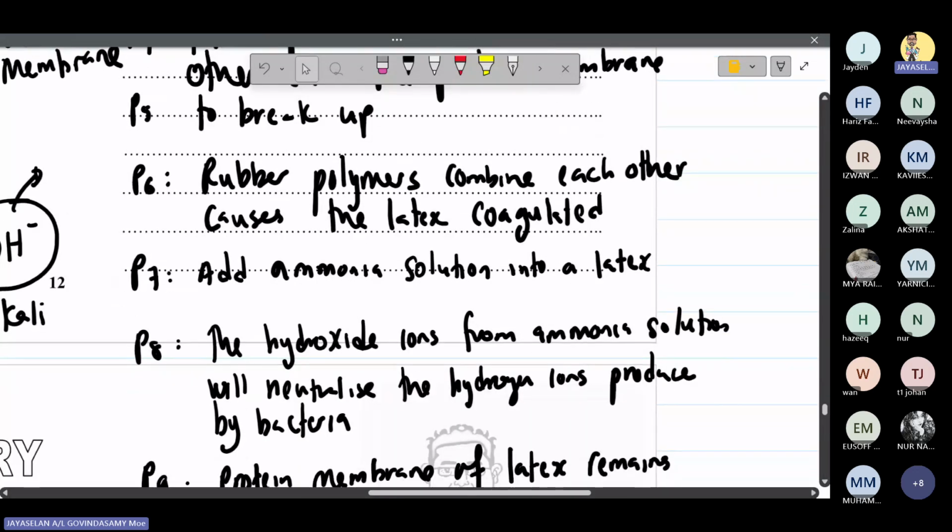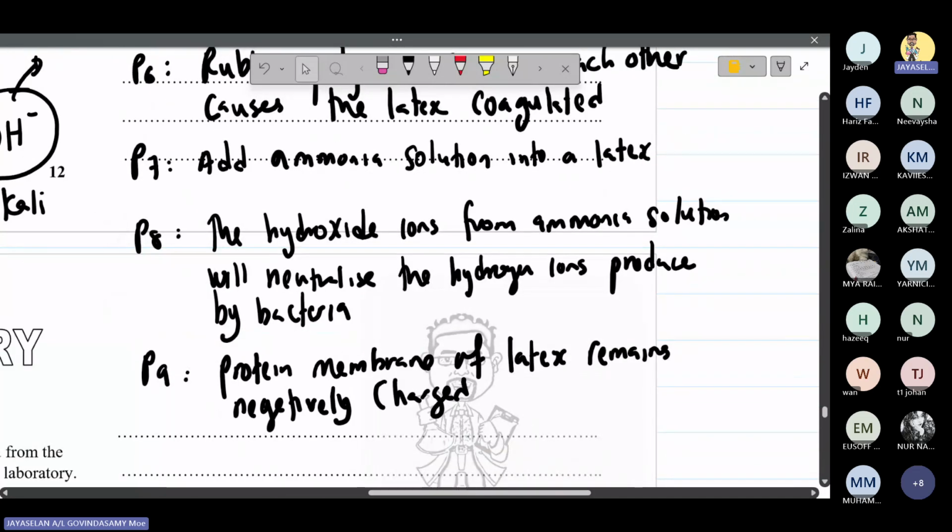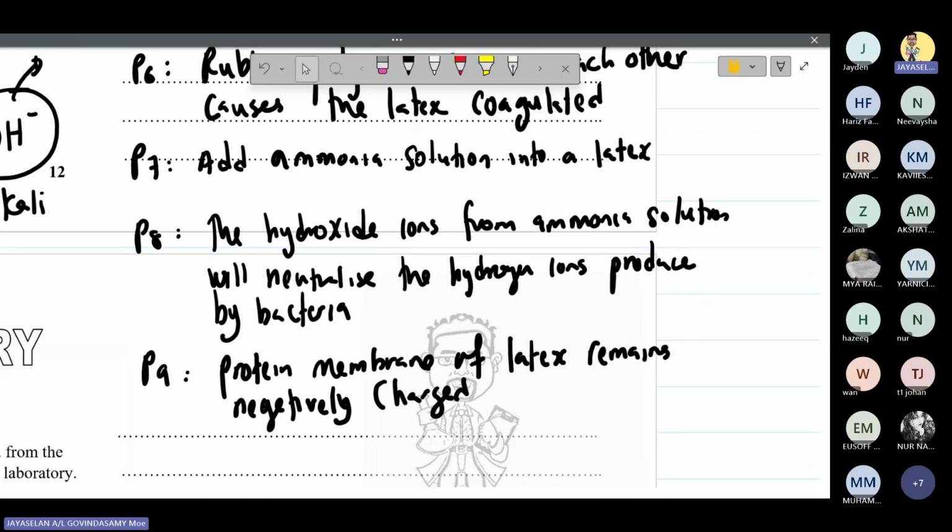The rubber polymers combine with each other, causing the latex to coagulate. To prevent this, we add ammonia solution. The hydroxide ion from the ammonia solution will neutralize the hydrogen ion produced by bacteria. That is one mark. Thus, the protein membrane of the latex remains negatively charged and the particles repel each other.